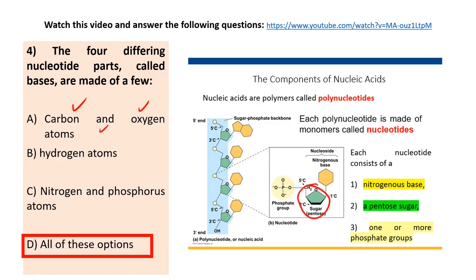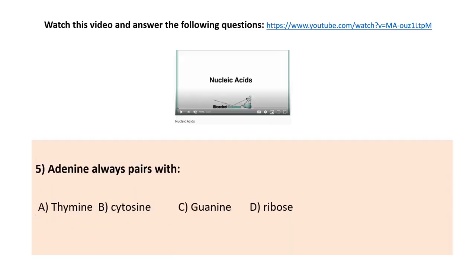Hydrogens can be in the sugar, and they can also be in the nitrogenous base. The phosphorus is in the phosphate group, and the nitrogen is in the nitrogenous base. So all these options are correct.